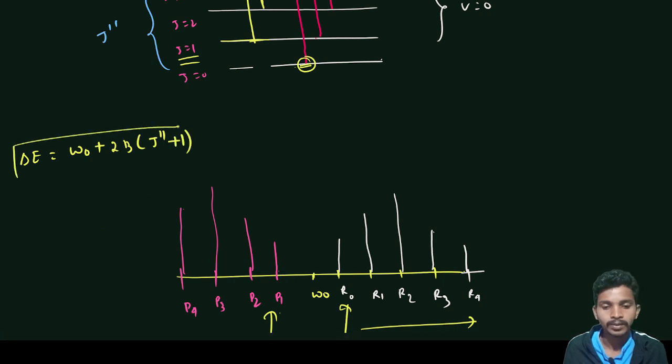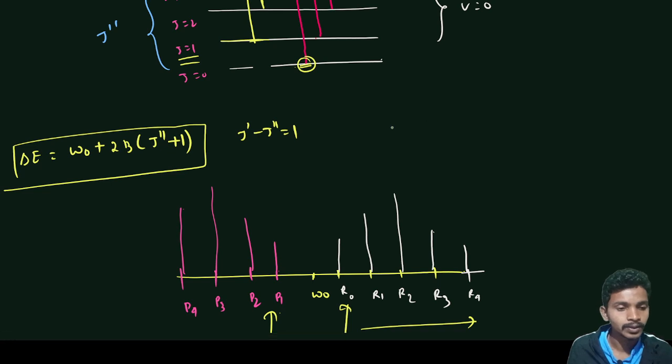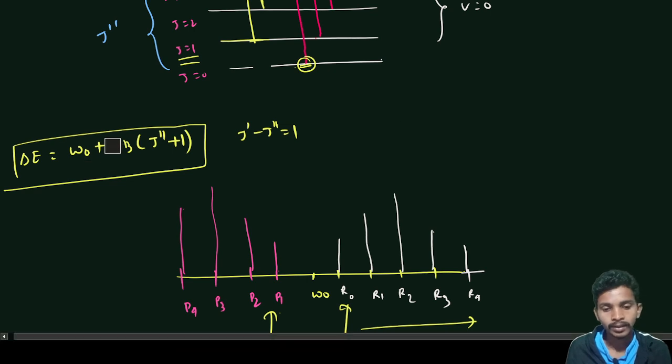This is the one equation where j dash minus j double dash equal to plus 1. Another equation is, let's say I took this as minus 2b.